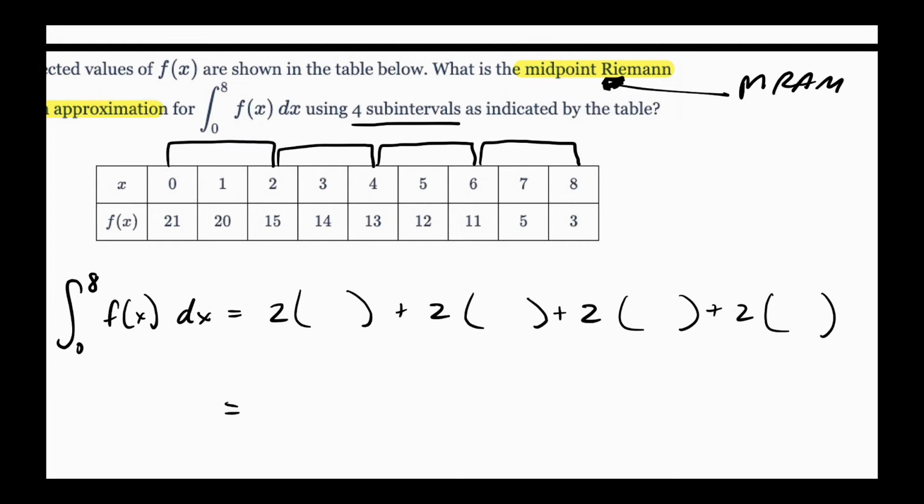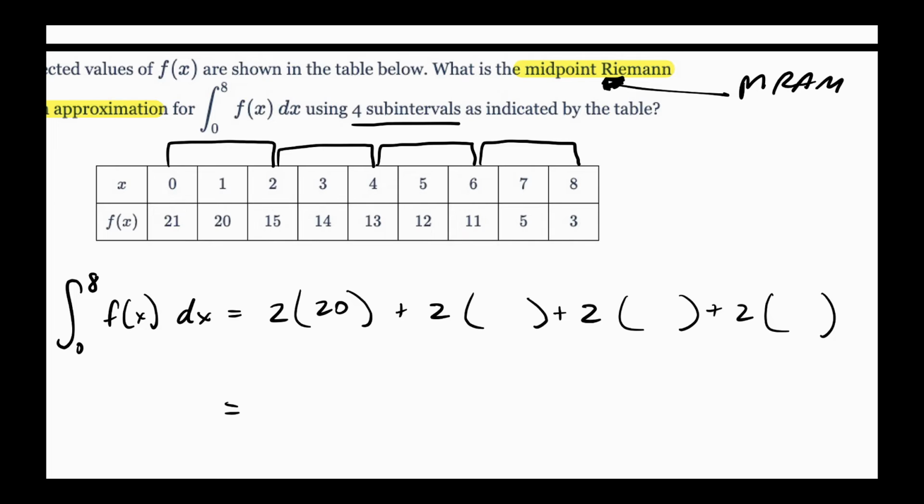So do we know the y value in the middle between those two? Yeah, we do, right there: 20. If I was doing LRAM, it would be 21. If I was doing RRAM, it would be 15. But they want MRAM, which is in between those 2 points, so that's going to be 20. So the first height is 20.